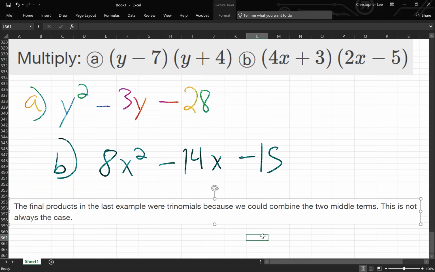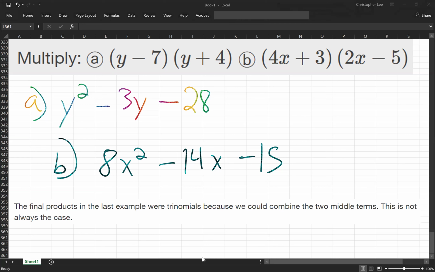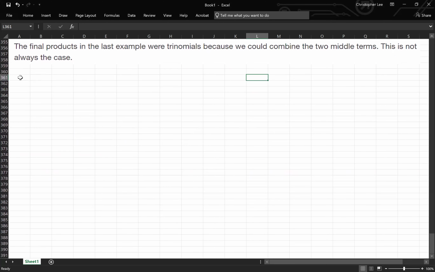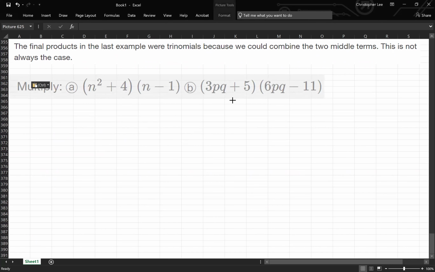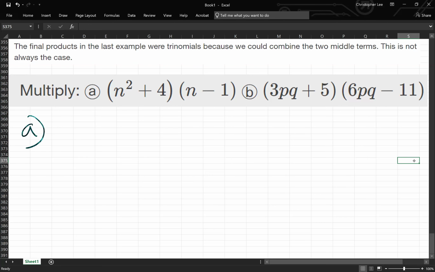The final products in the last example were trinomials because we could combine the two middle terms. This is not always the case. Let's look at A, for example. I have n squared plus 4 times n minus 1.